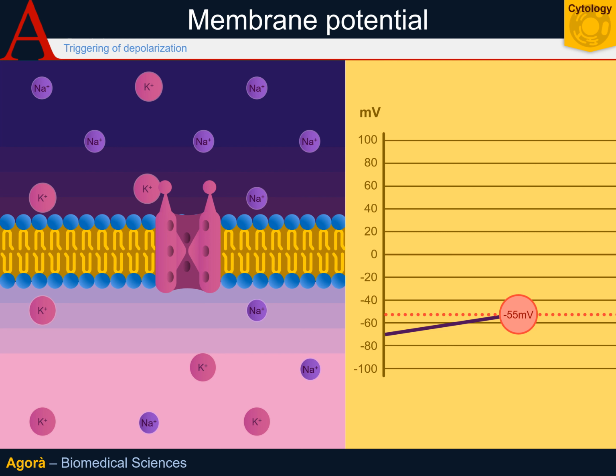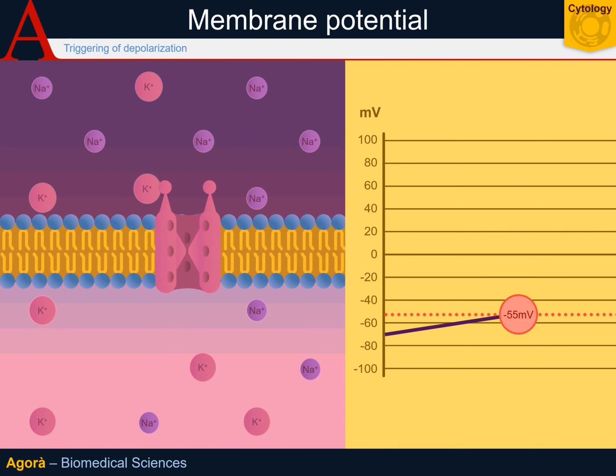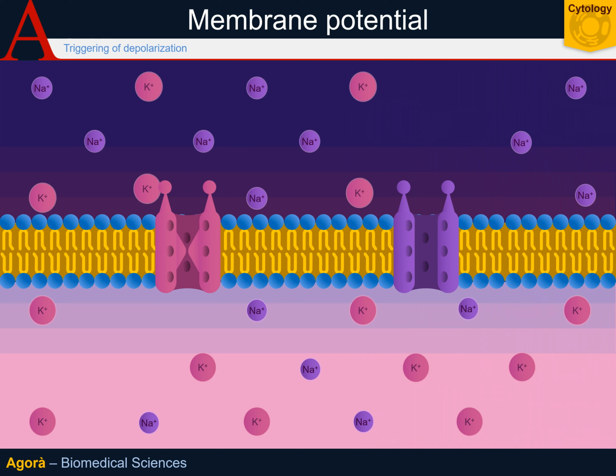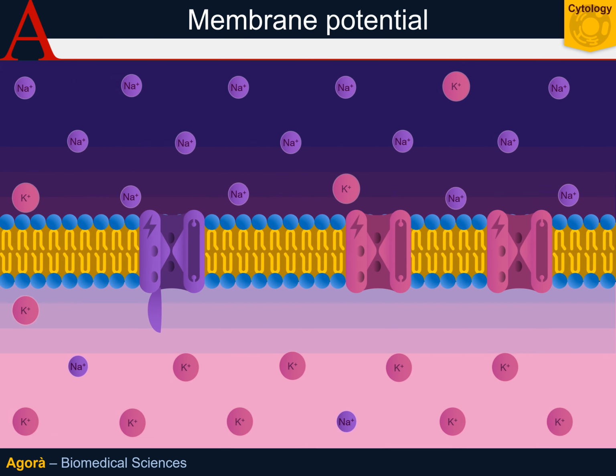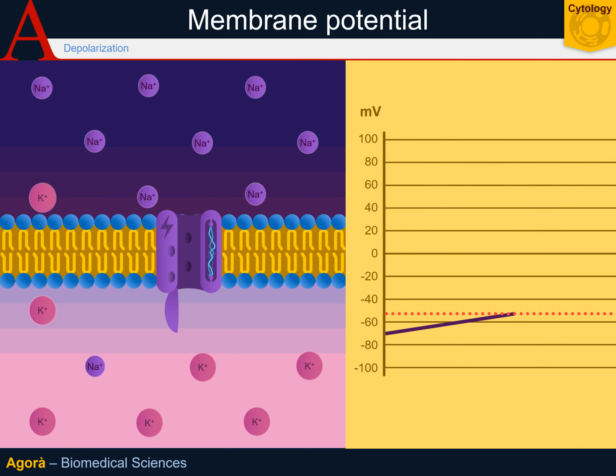If it reaches -55 mV, then an important event is triggered: membrane depolarization. At that potential of -55 mV, voltage-gated sodium channels open. Sodium, at this point, enters massively due to the large concentration difference. In this way, the membrane potential is not dissipated, but reversed. Now, there are more positive charges inside the cell than outside.